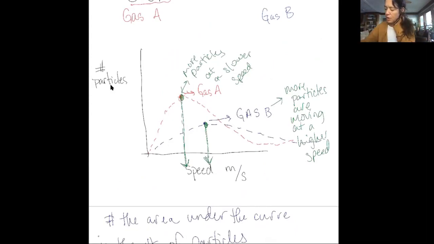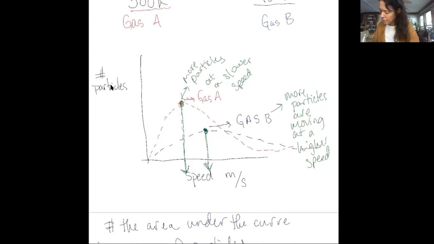If I was to have another sample of this gas at an even higher temperature, then I would have to flatten this curve and spread it out even more.